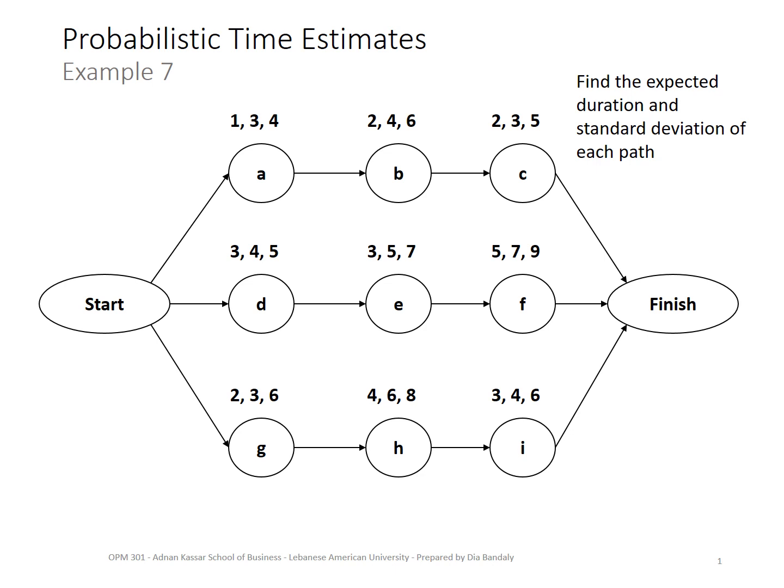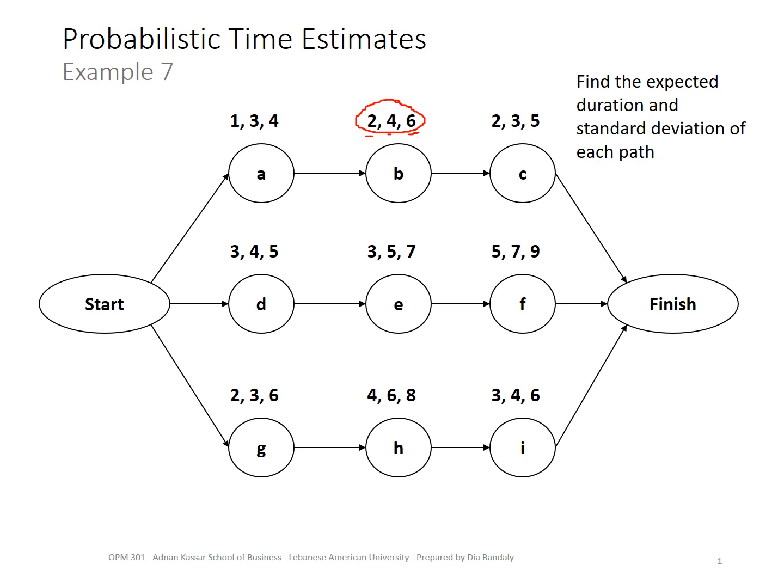Here, by the way, I don't need to tell you, for example, for activity B, that it has an optimistic time of 2, pessimistic of 6, and most likely of 4. I will simply give you these three, and you should guess that 2 is the optimistic, 6 is the pessimistic, of course, and 4 is the most likely.